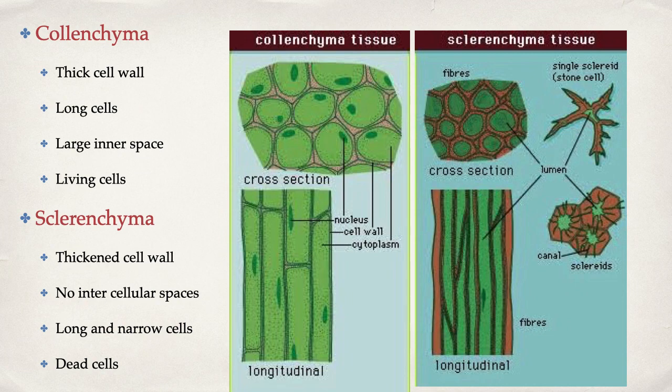These sclerenchyma cells have a thickened cell wall and no inner space. Almost all the cells are long and narrow without any cell organelles. This indicates that all the cells are dead cells. Both collenchyma and sclerenchyma give mechanical support to the plant.